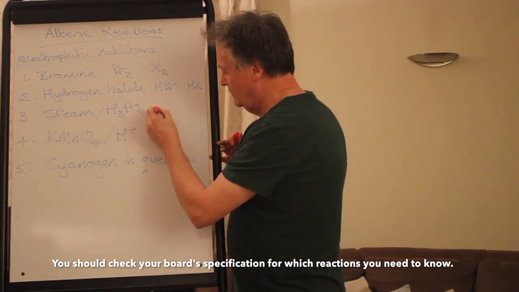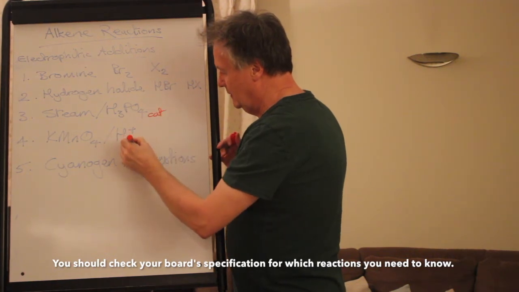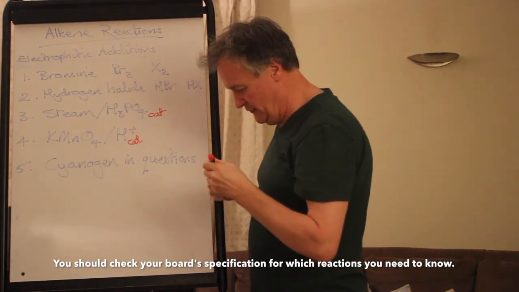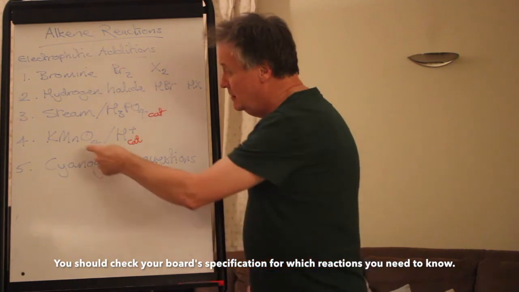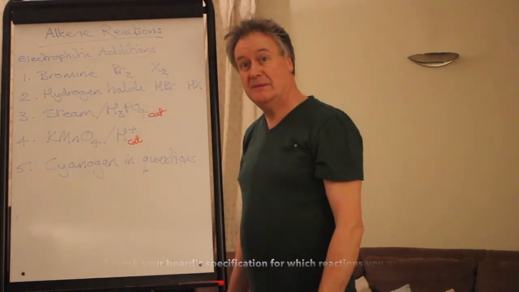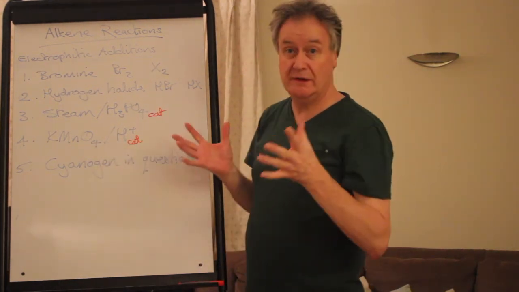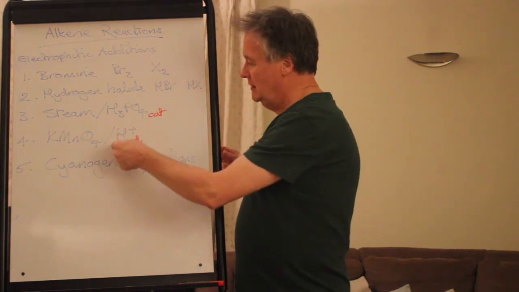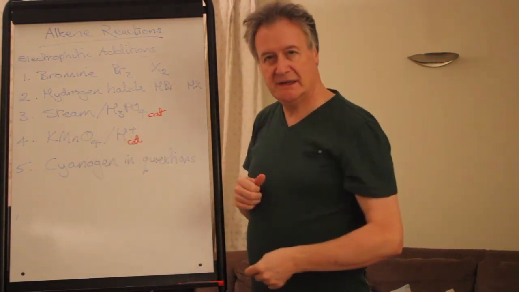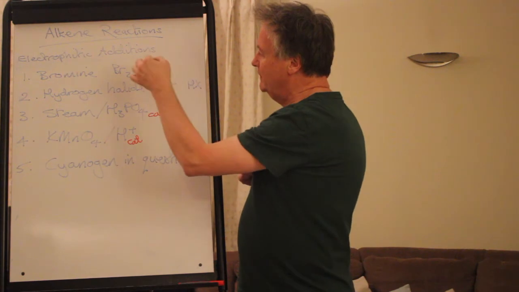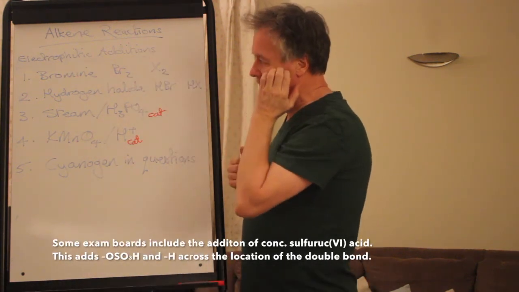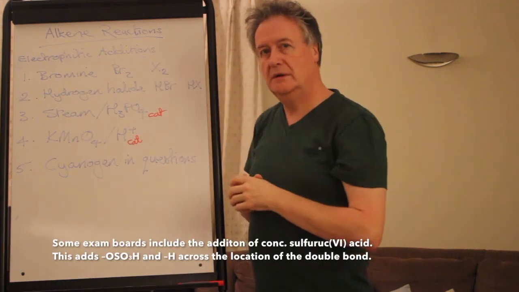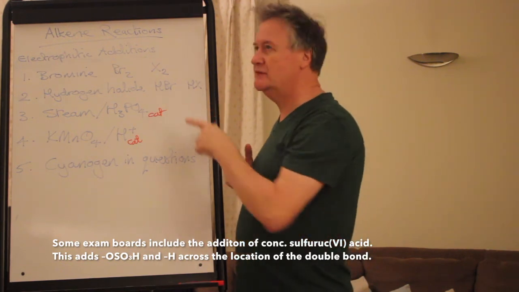That is the catalyst. And not in every exam board is potassium manganate. Potassium manganate has to be acidified in order to do its oxidations, and the H plus is the catalyst for that reaction. So there are 4 reactions in the electrophilic addition set.